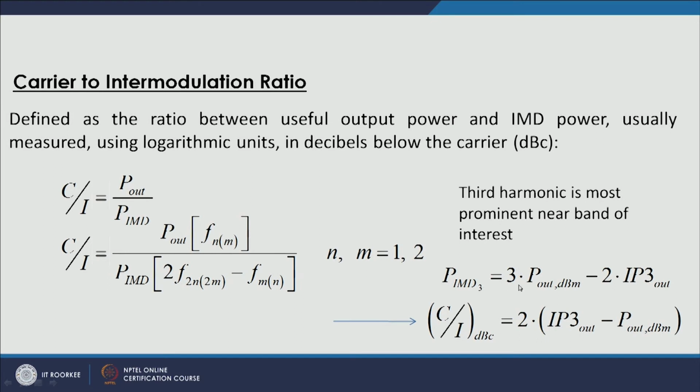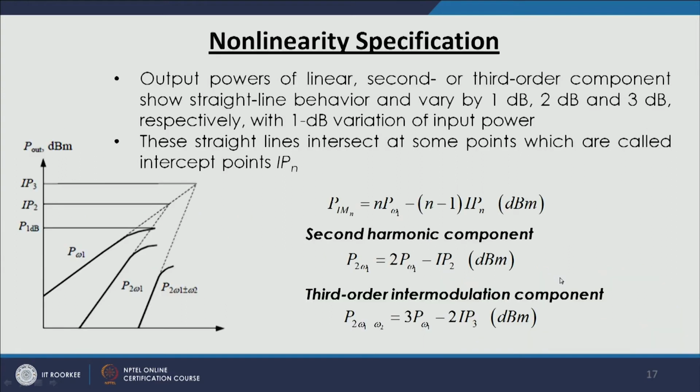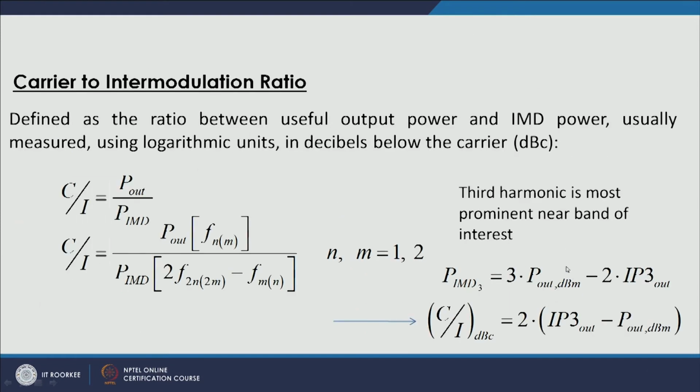For IMD3, this is the formula: 3 times the actual power minus 2 times IP3, which is what we have calculated earlier. This is the output power of the signal 3 times, minus 2 times IP3 at the output.